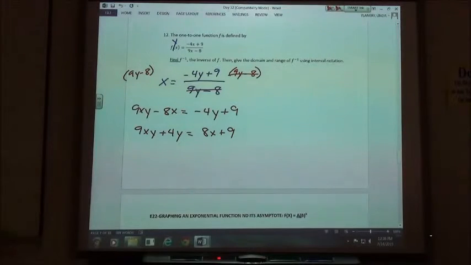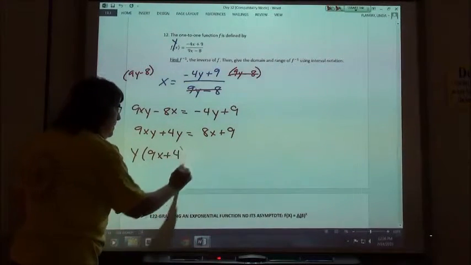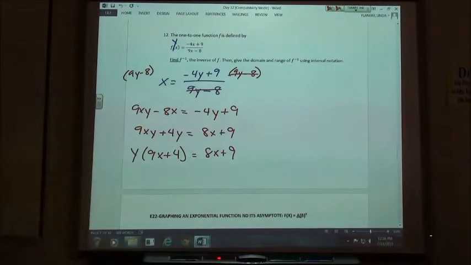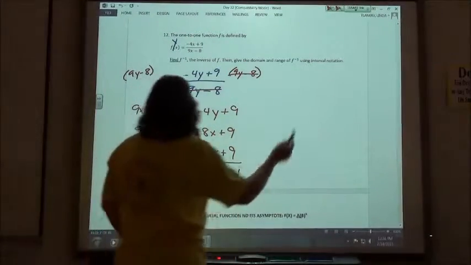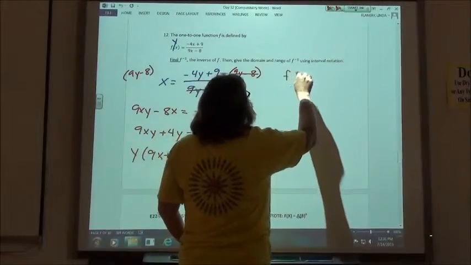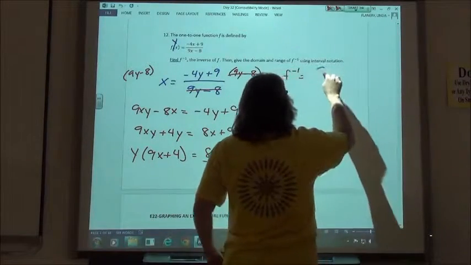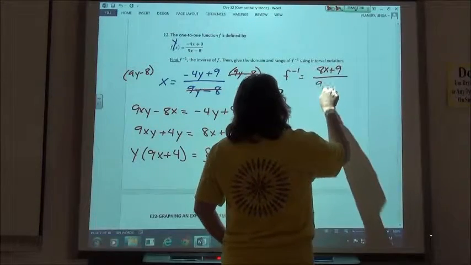Factoring out our y. Y times 9x plus 4 equals 8x plus 9, and then dividing. So our inverse function is 8x plus 9 over 9x plus 4.